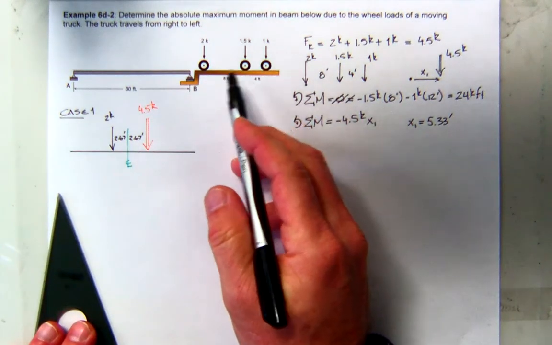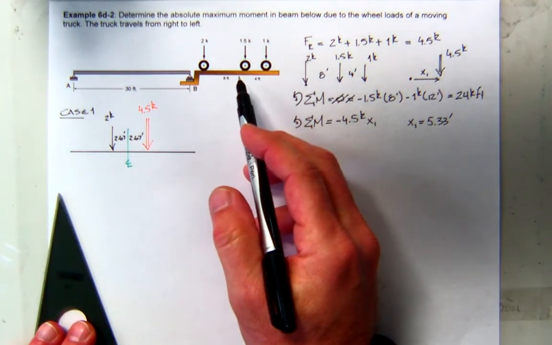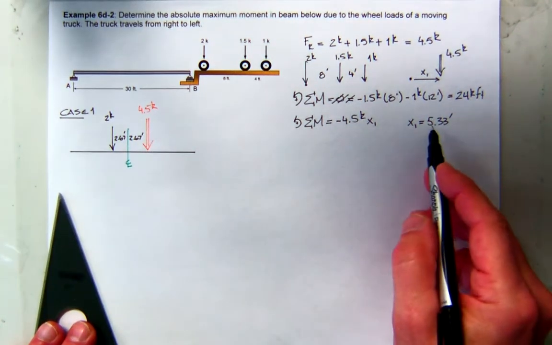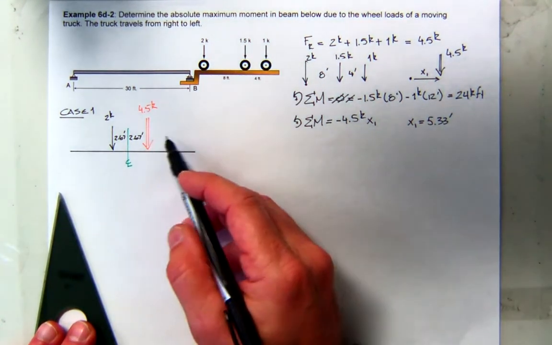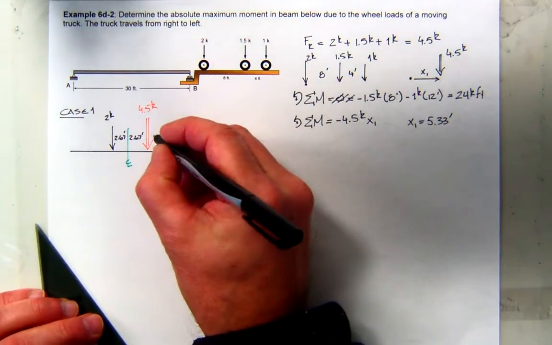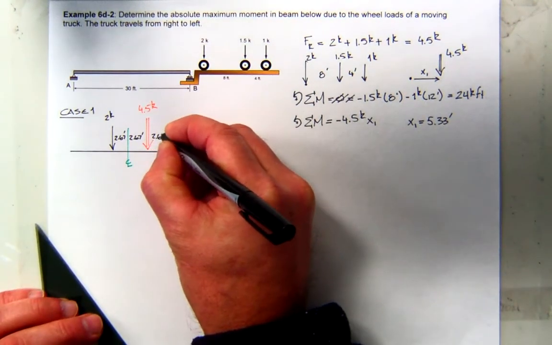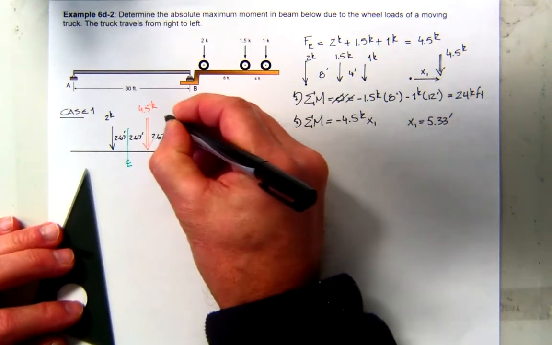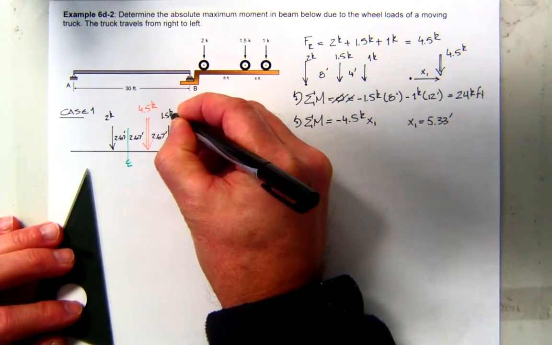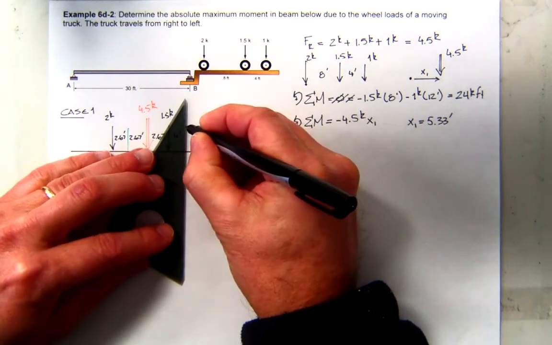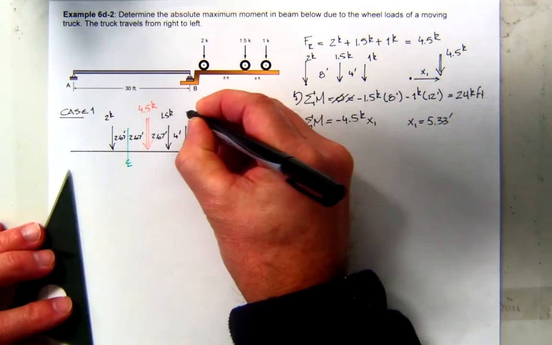So where's the 1.5? That's 8 feet back. From here to here is 5.33, so the remaining distance will be 2.67. And that will land here, which is 1.5 kips. And I know this is not to scale, but then 4 feet back farther would be the 1 kip force.